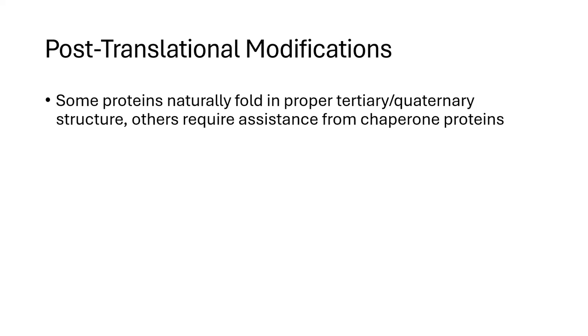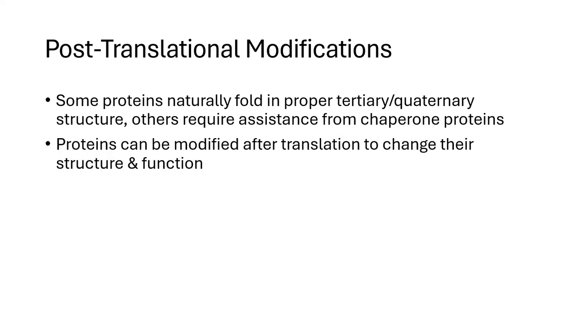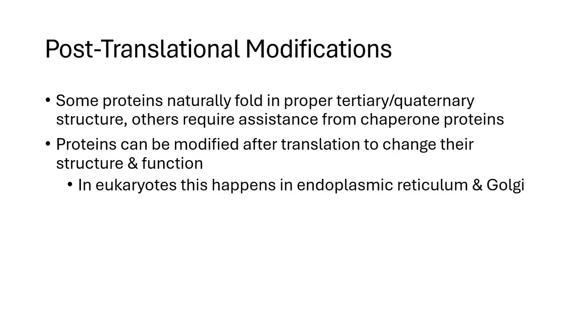Others need a chaperone protein to help out. And then you can also modify these proteins after translation, adding on different groups, cleaving or breaking the protein into multiple pieces. All of these change the structure, which can then change the function. And then in eukaryotes, this tends to happen in the endoplasmic reticulum and also in the Golgi as well.